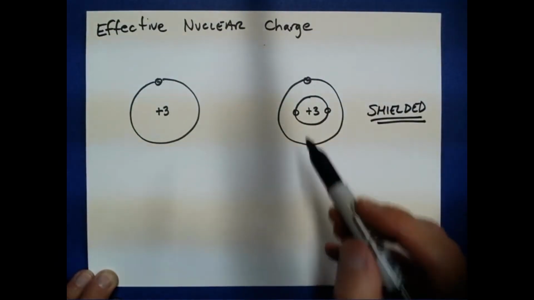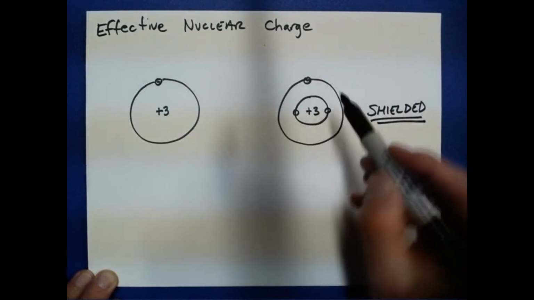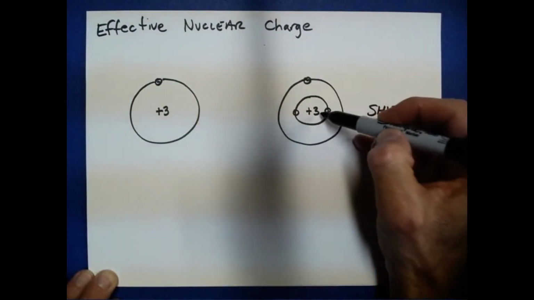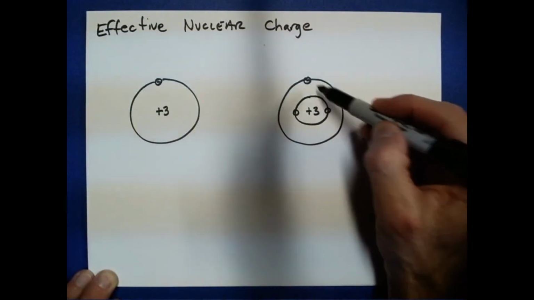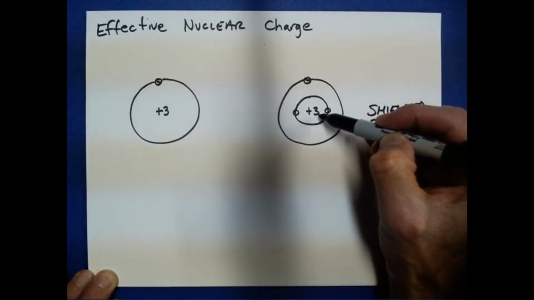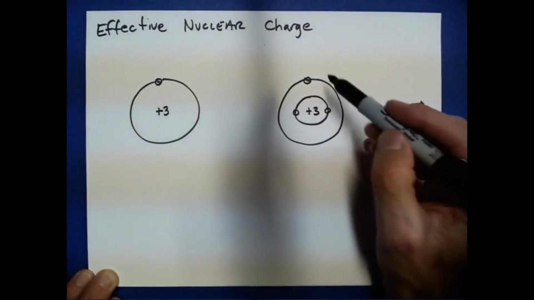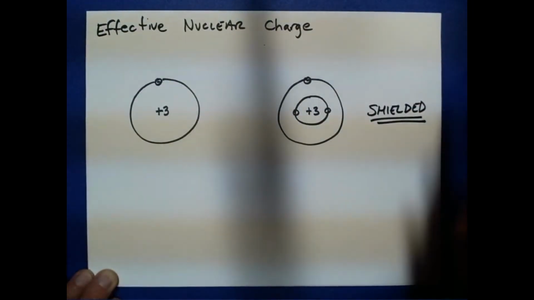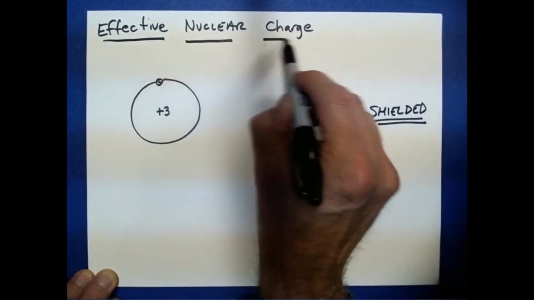And we say that instead of experiencing a full +3 charge, this electron, as a result of these shielding electrons, does not experience the full +3 charge of the nucleus. Instead, it experiences a slightly smaller nuclear charge, which we will call the effective nuclear charge.